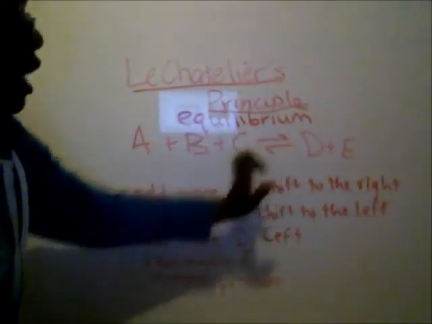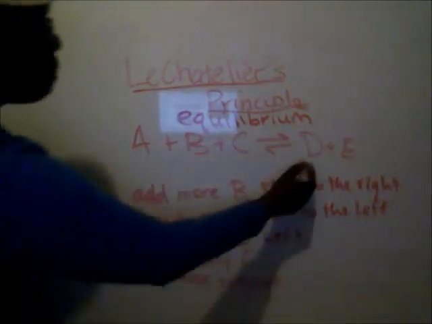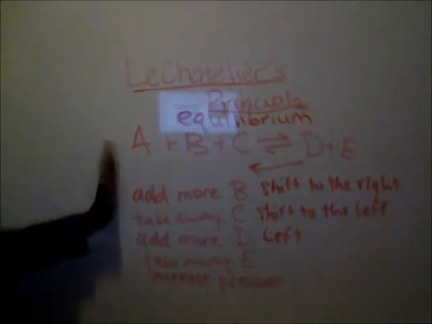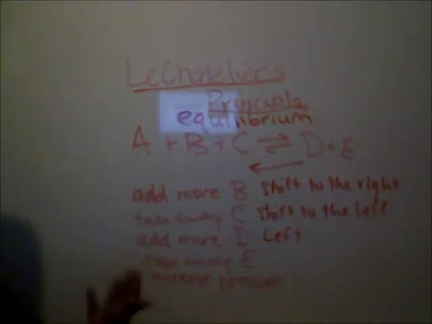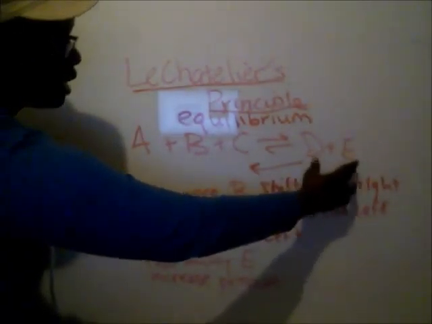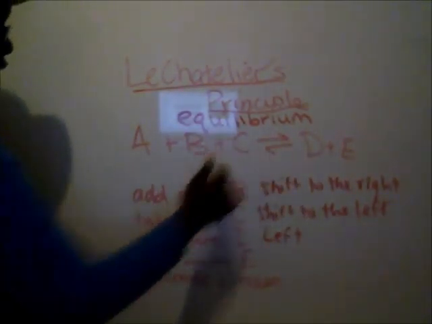Now when we're shifting, what that means is, if we're going to the left, we're going to use up D. We're going to have those products break down to go backwards to reactants. So when we're shifting, it's telling us which way we want to make the thing. If we're shifting to the left, we want to take these and make more of these guys that are on the left side.